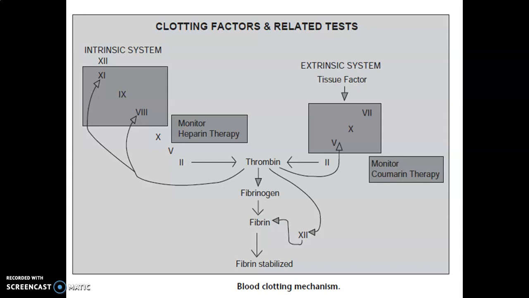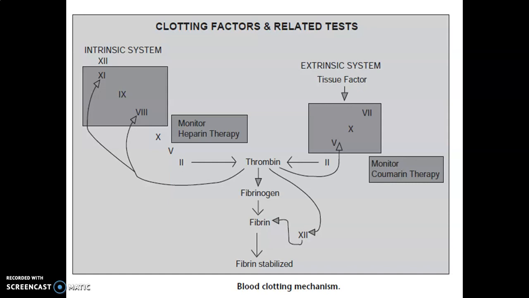Now what happens when we combine the intrinsic and extrinsic pathways? To summarize the coagulation cascade, we have the extrinsic pathway and intrinsic pathway. They both ultimately lead to formation of prothrombin activator, that is the activated factor number 10. This causes the formation of thrombin from prothrombin. Thrombin acts on fibrinogen to form fibrin monomer, but these monomers are not stable.